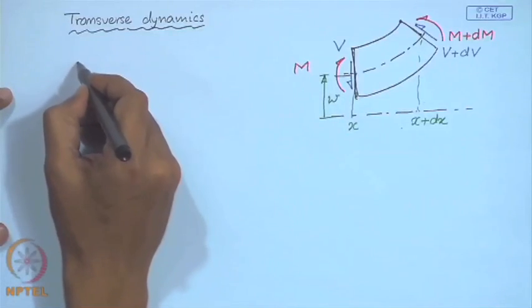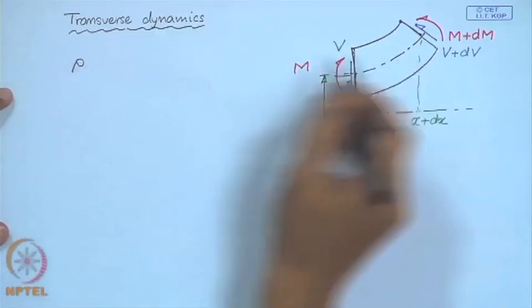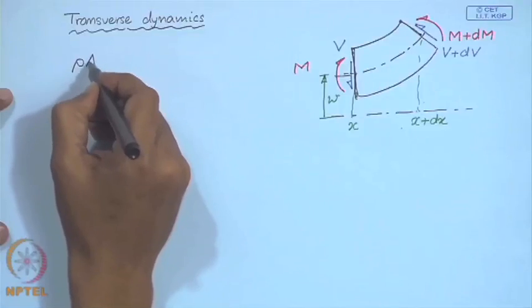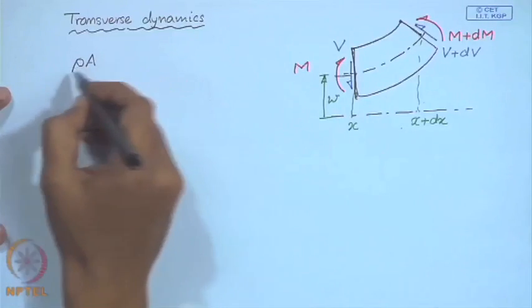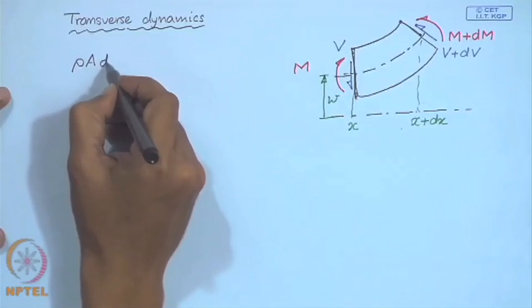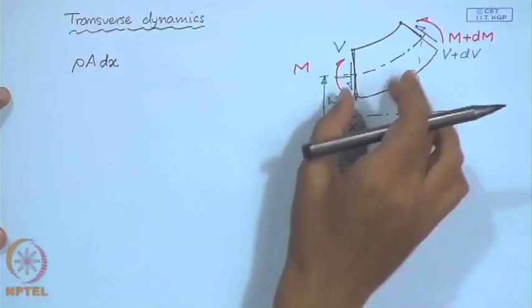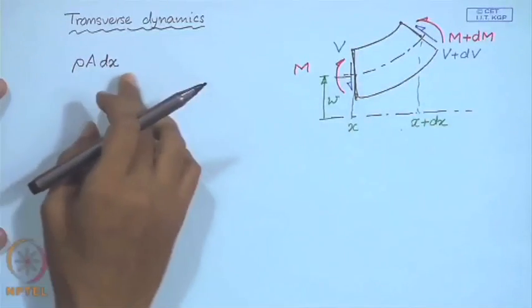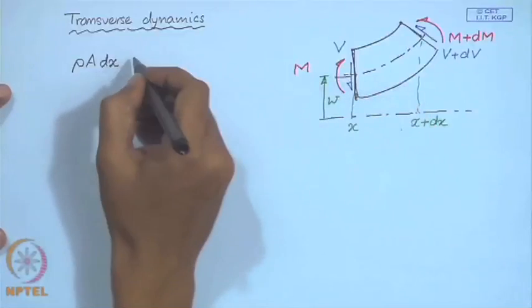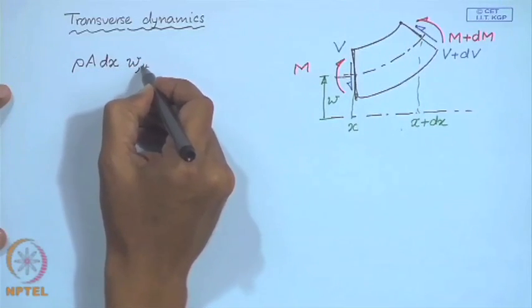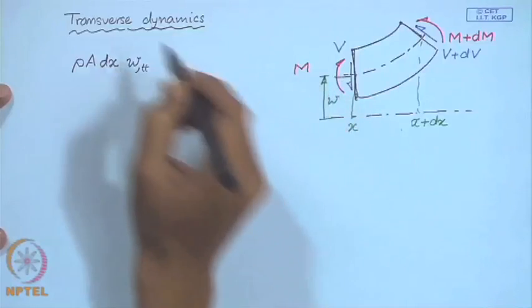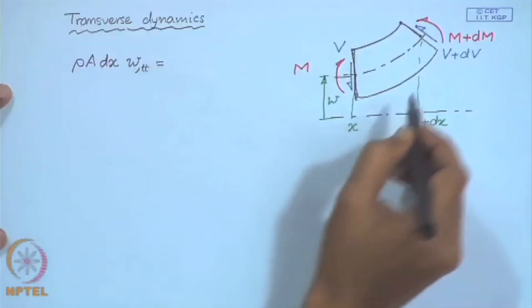so if rho is the density of this material, A is the area of cross section, then rho times A is the mass per unit length, times dx, which is the length of this element, is the mass of this little element, multiplied by the acceleration, and that must be equal to the forces in the transverse direction.